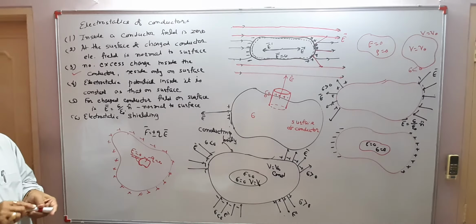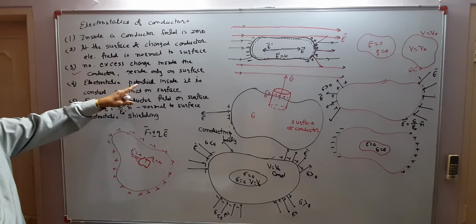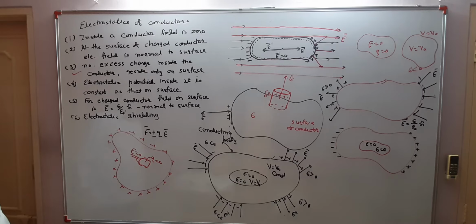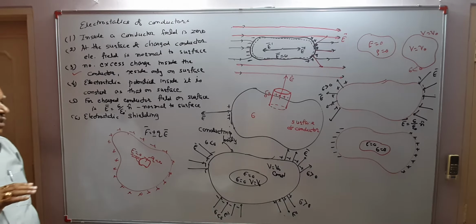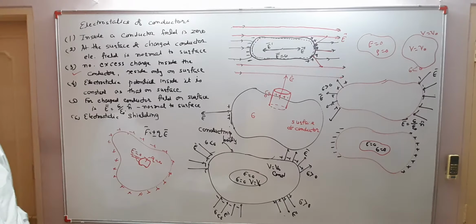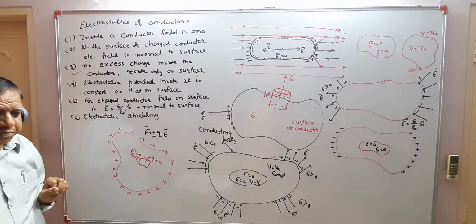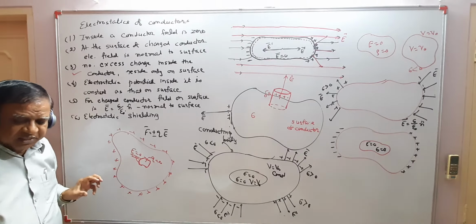Now, fourth point: the electrostatic potential inside it is constant, the same as that on the surface. According to the first point, the field is 0.